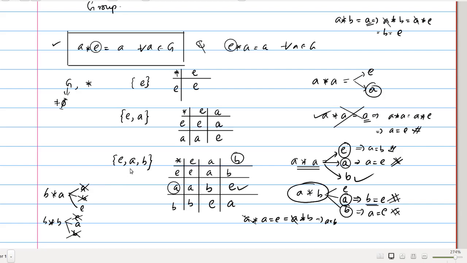So if you have three elements in a group, then we can get only one possible group table for that group. If you have four elements, then there will be more than one possibility for a group table.